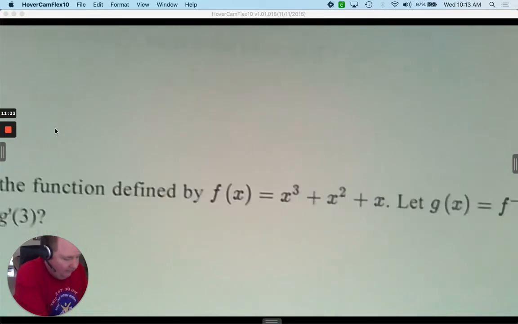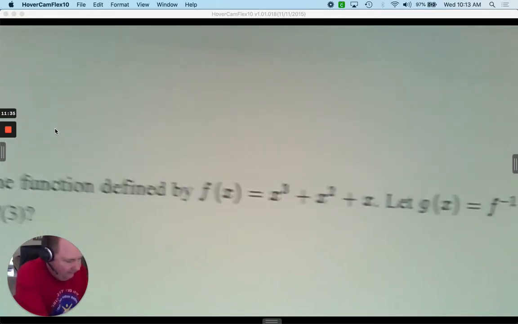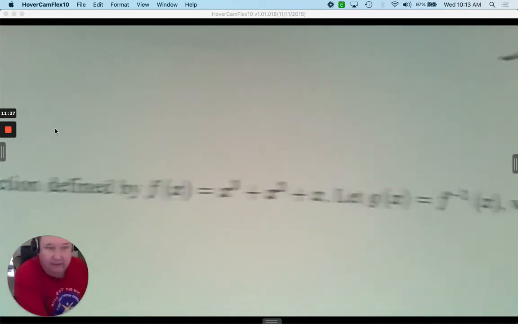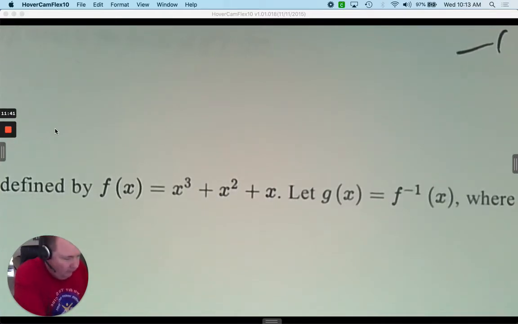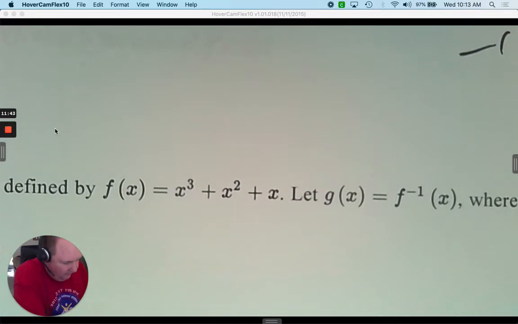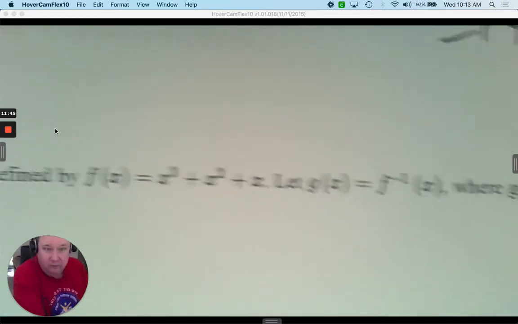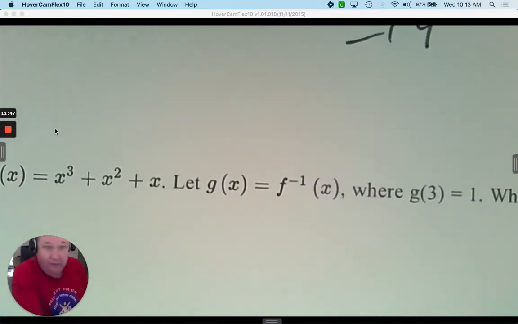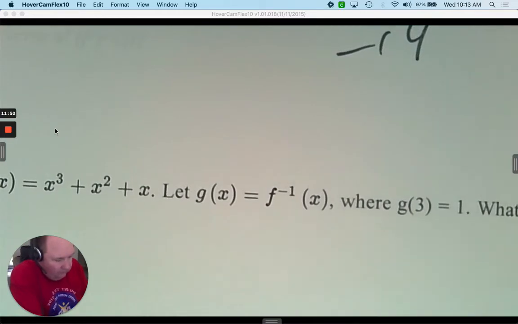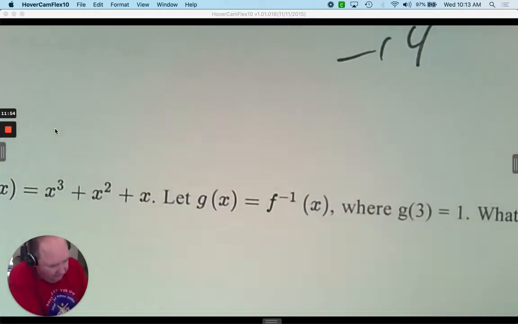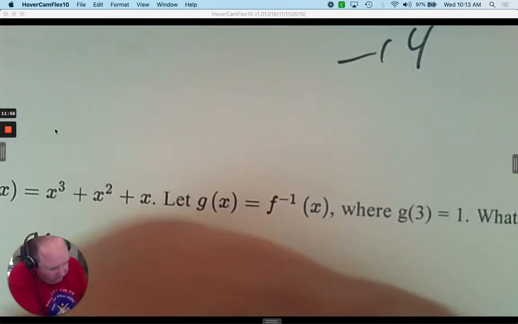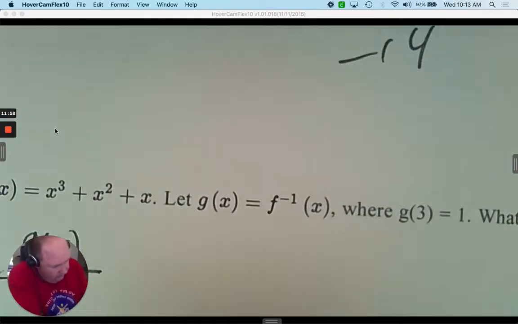Number 11. Let f be a function, and let g of x be the inverse of f, where g of 3 equals 1. What is the value of the derivative at 3? Okay, so just maybe a little chart would help us here. Understand that for g of x, the point is (3, 1).